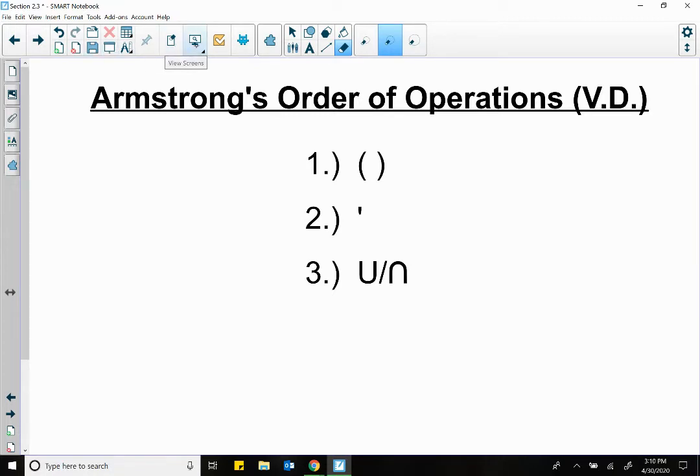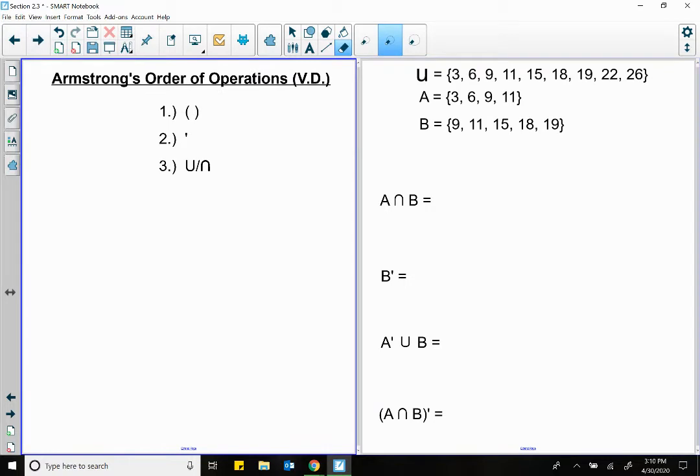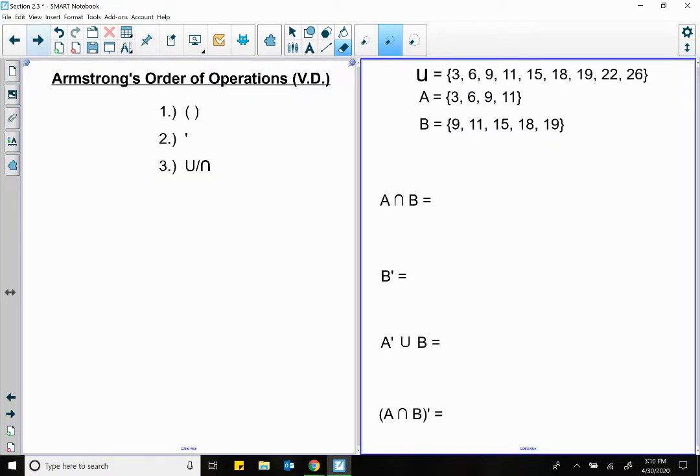Okay, so let's do it. So what I'm going to do is I'm going to split this page so we can see both of these. Okay, we'll pin this page in place real quick. So let's talk about these 4 pieces right here. Okay, I'm going to do number 1 with you, and I'm going to do number 3 with you.